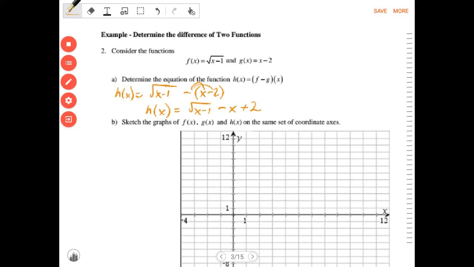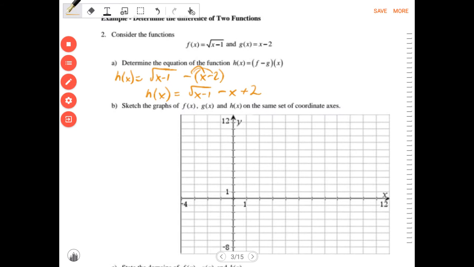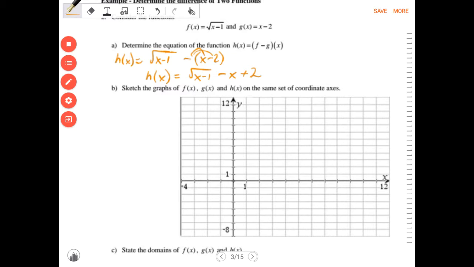Okay, so now we want you to draw those three graphs, f, g, and h, on the same coordinate grid again. So x minus 2, that's the easy one, that's a line. That's just a line that goes through negative 2 and has a slope of 1. So that means 1 up, 1 right, 1 up, 1 right.